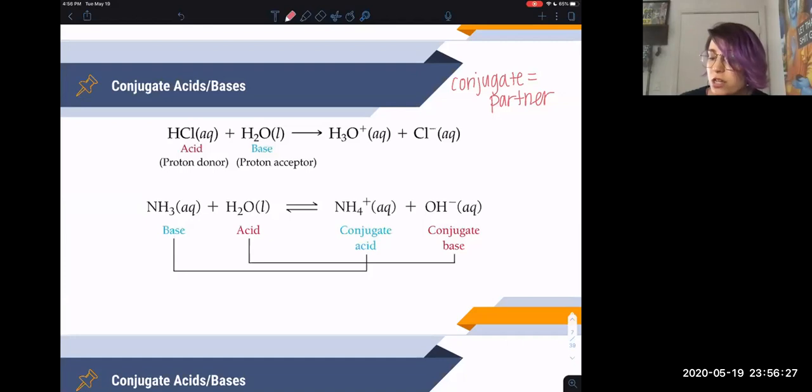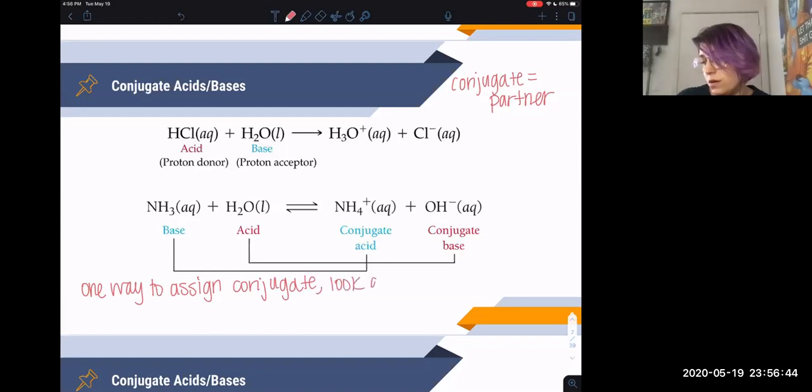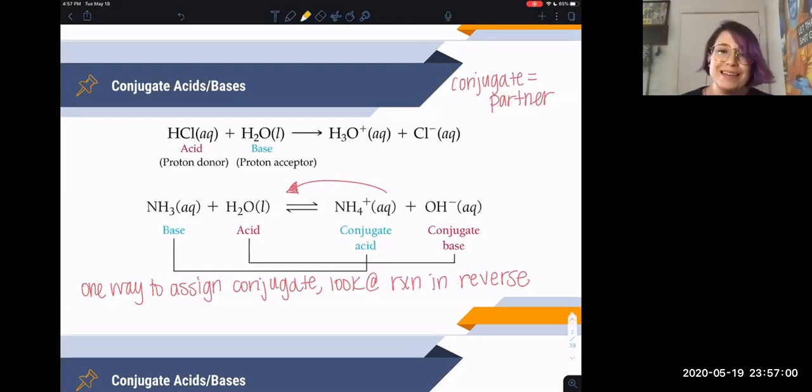To tell conjugates, you have a couple of ways you can do that. One way to tell conjugates is to look at your reaction in reverse. If we look at this reaction this way, which H is being given?